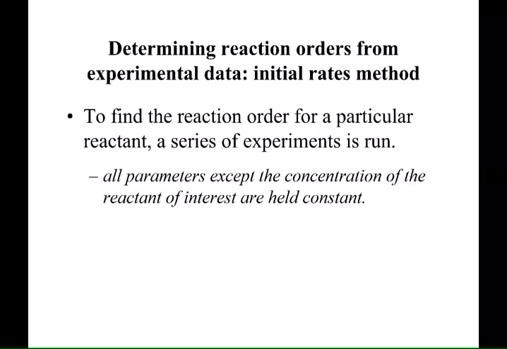Just like we did with this example, I said B has to remain constant. I think the word is confound. You don't want to confound your experiment by changing both. Initial rates are measured.